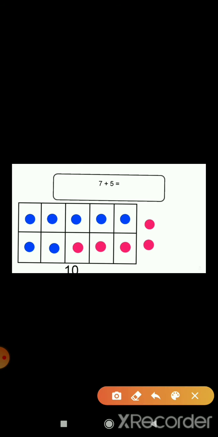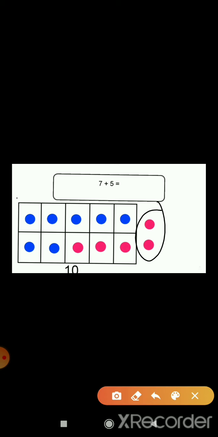So these 3 balls are now in the box, but 2 balls are still remaining. Students, don't forget about the remaining balls. Now you have to arrange these remaining balls outside the box.